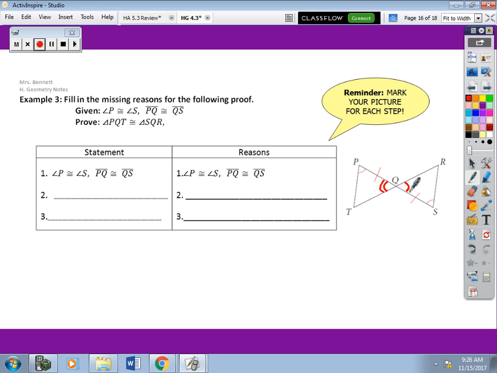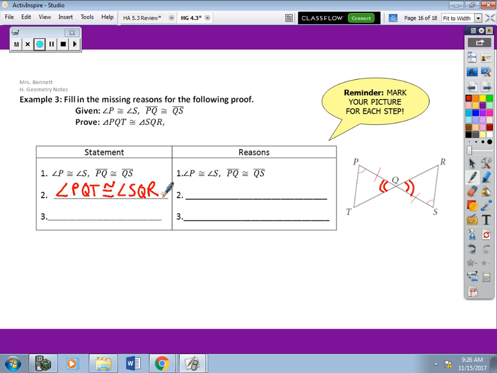Can I call this angle Q? No. So in the proof, I have to either say PQT or TQP. Okay, remember the middle letter is the vertex. So we write it down. Angle PQT is congruent to angle, and you can say RQS or SQR. The order doesn't matter as long as Q's in the middle.